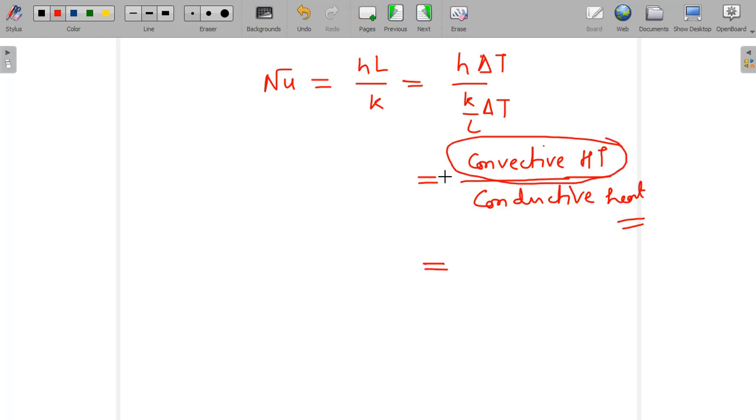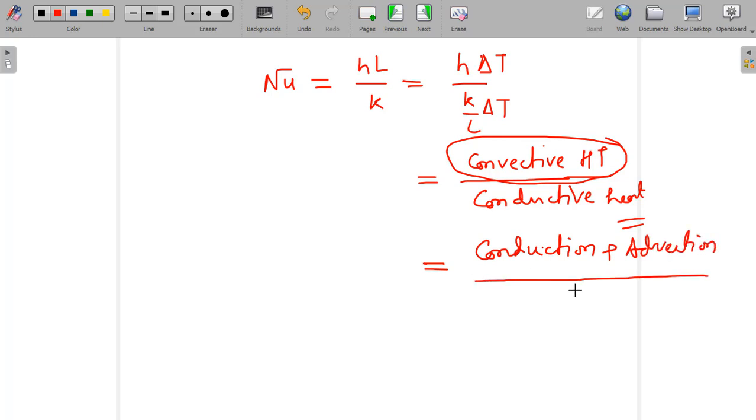Convective heat transfer is what? You already know that convective heat transfer is nothing but conduction plus advection, right? Conduction plus advection, and in the denominator it is conduction only. So it is clear that this advection is because of the fluid motion.